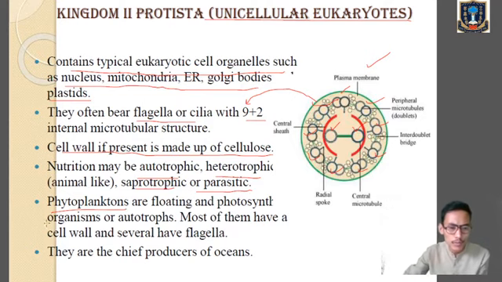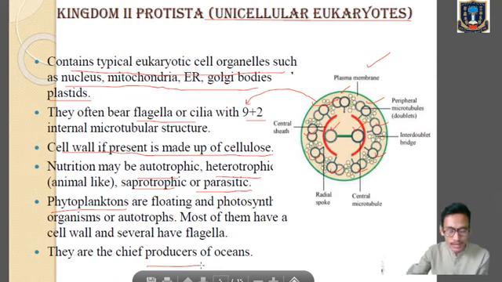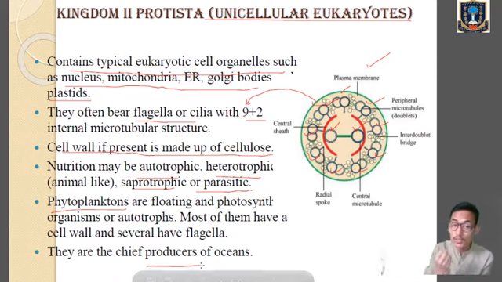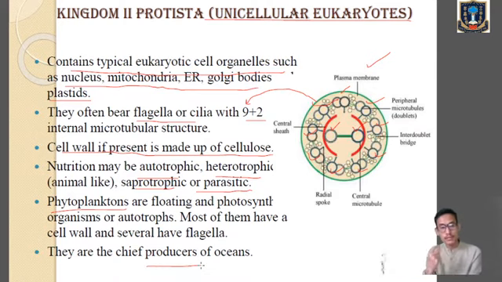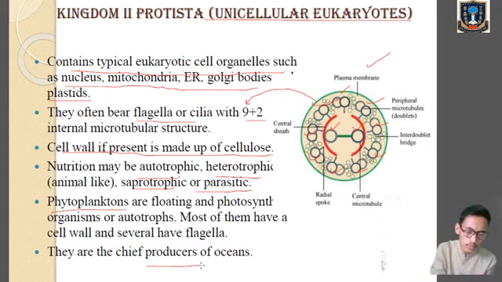Now what do you mean by producers? Those organisms which will prepare the food materials. And since phytoplanktons are photosynthetic, since they are autotrophic, they produce the food materials. They synthesize the food materials, so therefore they are known as the producers of oceans. In the first class we talked about producers.